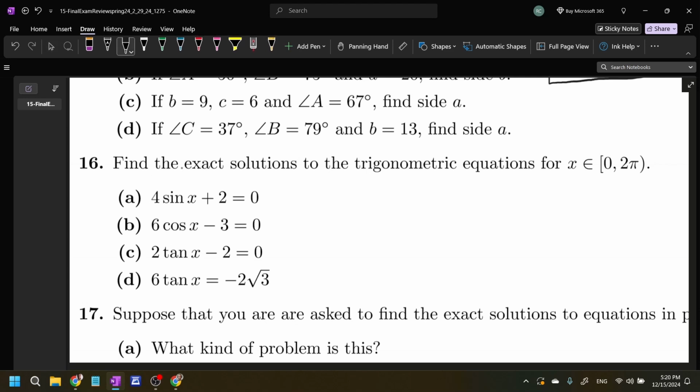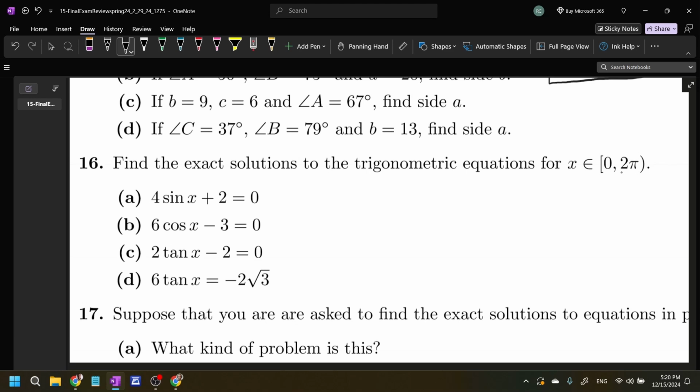All right. Let's find the exact solutions to the trigonometric equations for x. This symbol just means x exists over the interval 0 to 2 pi. Notice they gave us a closed interval at 0 and an open interval at 2 pi.